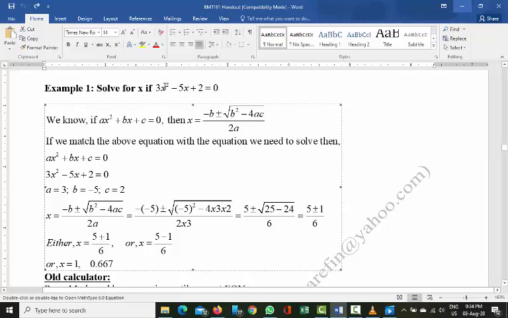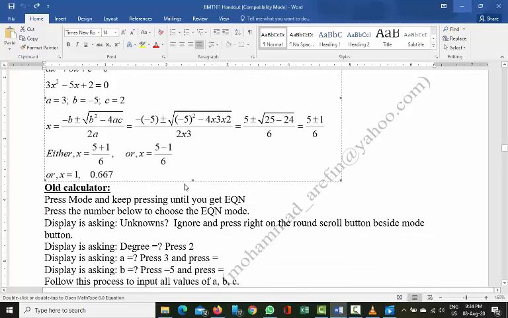You should always get two values of the variable. This way you can solve the equation using the formula, right?